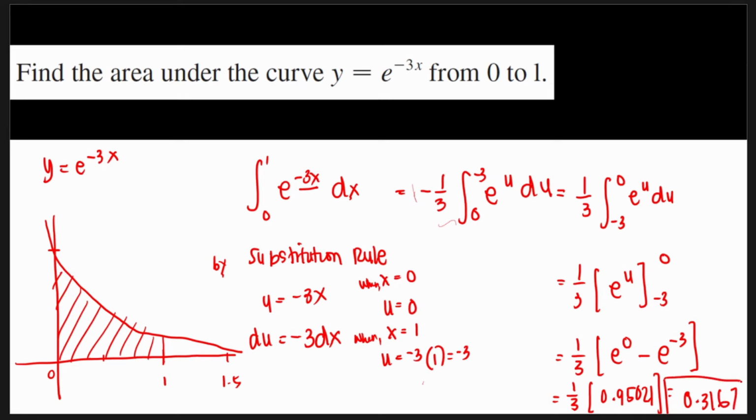So that is our final answer. I have mistakenly input it in the calculator, so that's one thing to consider. So yeah, that is our answer for this problem, and that is the equivalent area for this one.